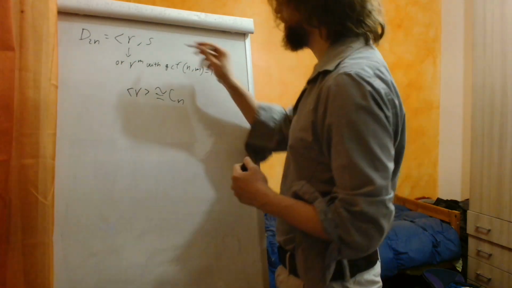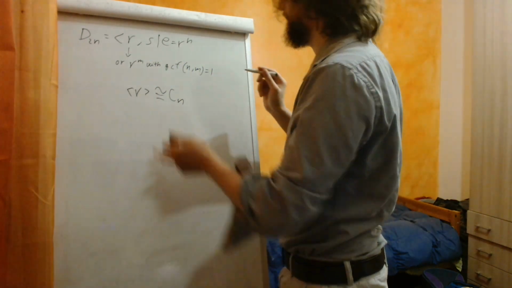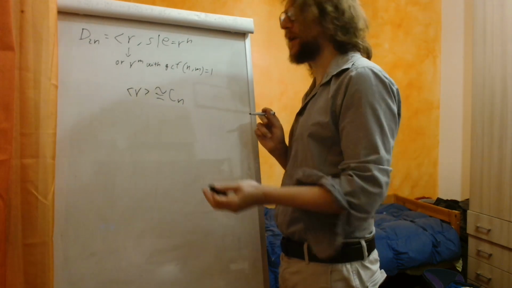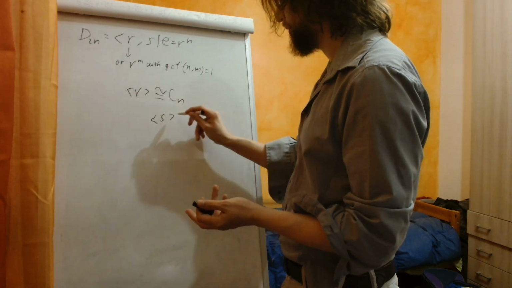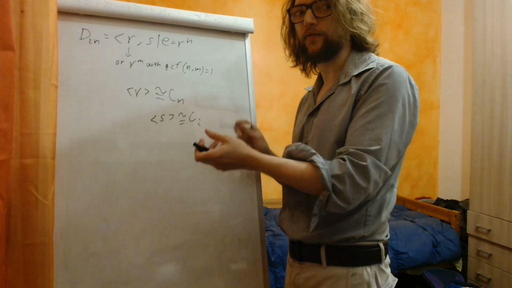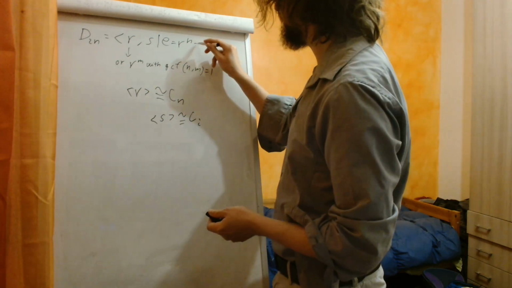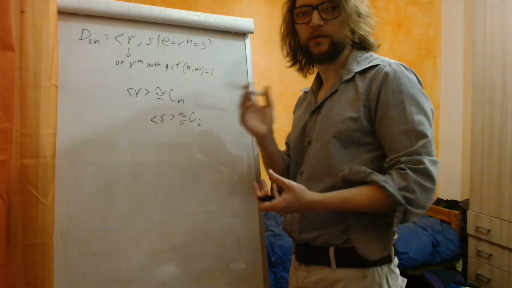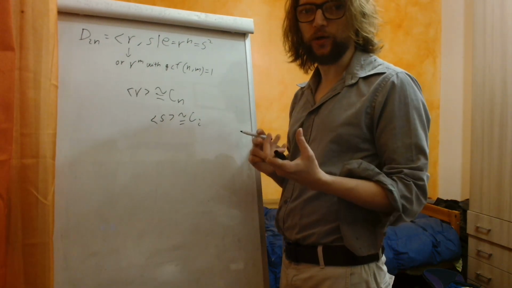So we have r to the n equals E, and the other generator is a reflection, any reflection, and the group of reflections is isomorphic to C2 because it has only 2 elements, the reflection and undoing the reflection. So s squared equals E, because if you apply any reflection again, you come back to the original state.